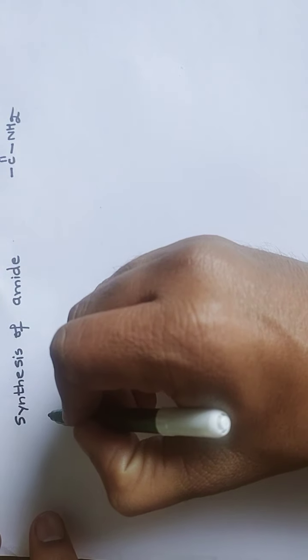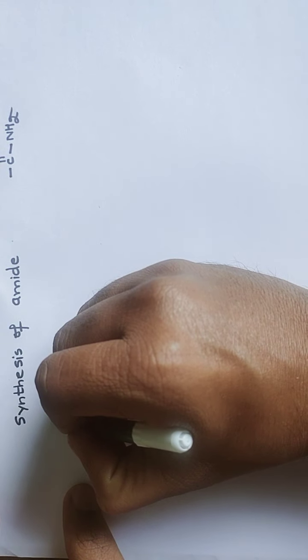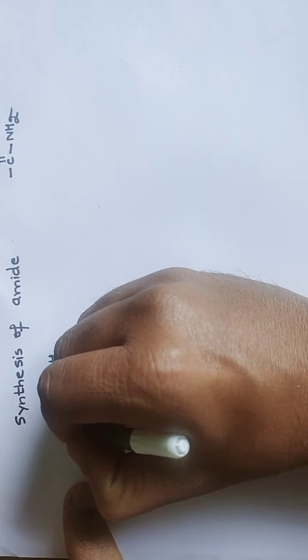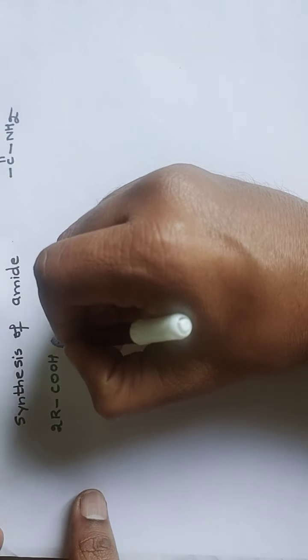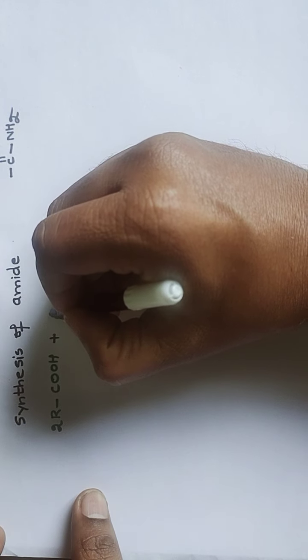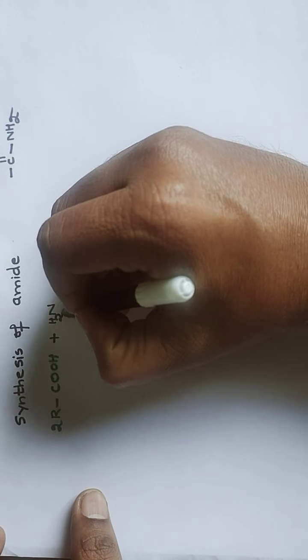When we use DCC as the reagent, two molecules of carboxylic acid will be used, RCOOH plus R' NH2 amine. Amines are the compounds that contain the NH2 group.